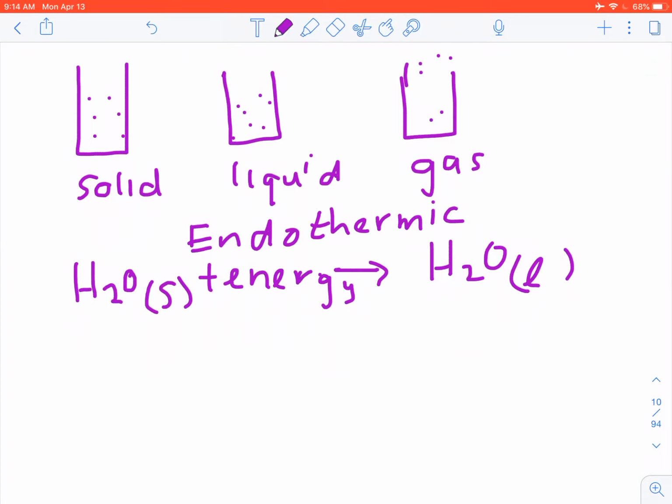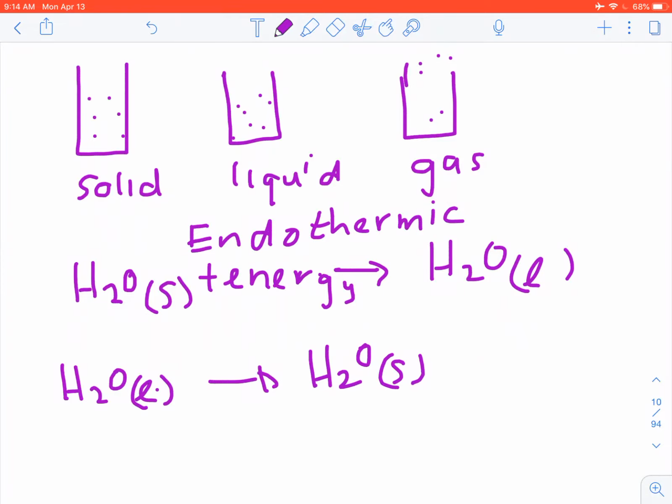If we look at it the other way around, and we have H2O liquid, which then becomes H2O solid, this process gives off energy. And we say that it is exothermic.